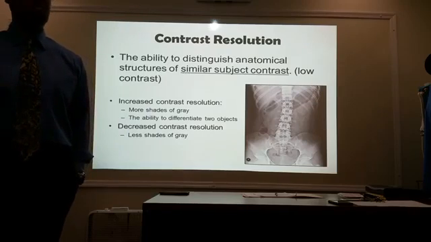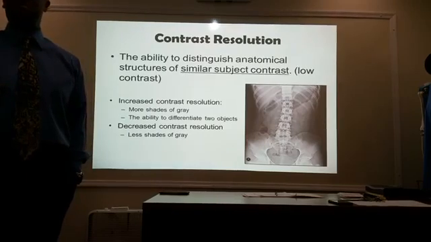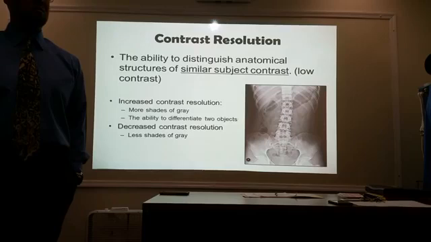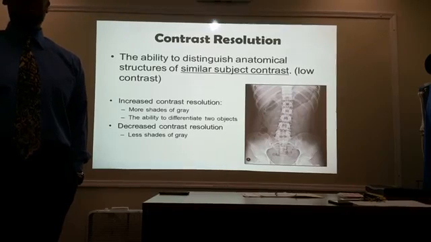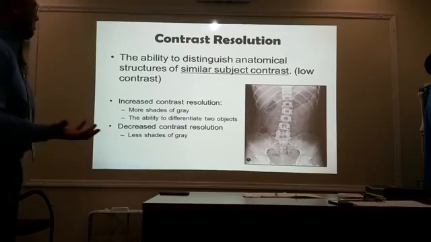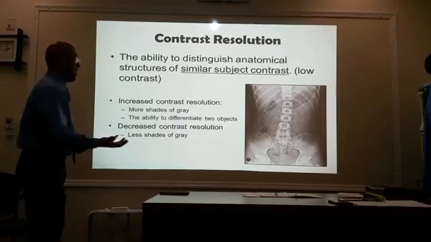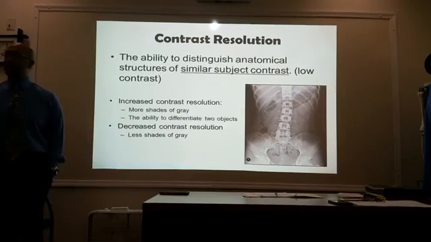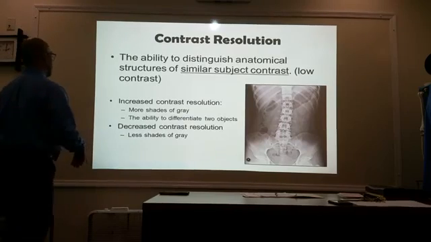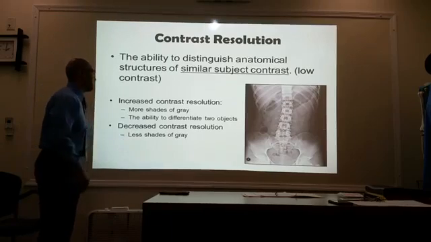Kidneys, stomach, small bowel, spleen, liver, gallbladder, aorta, vena cava, muscle, ligaments. Now let's break this down a little more in describing contrast resolution.